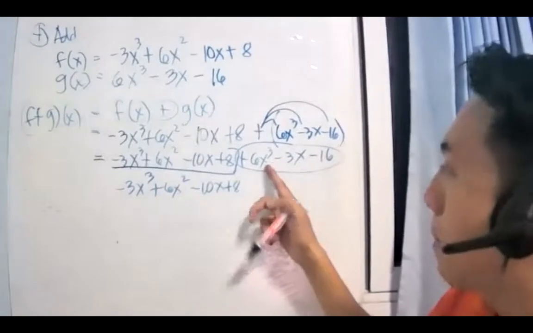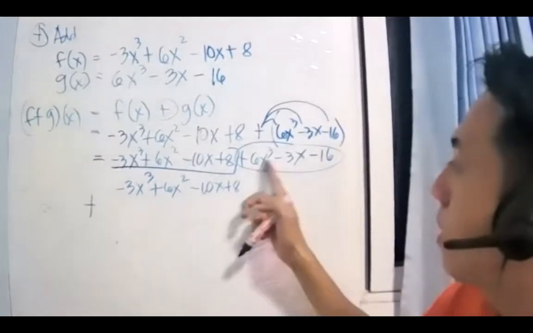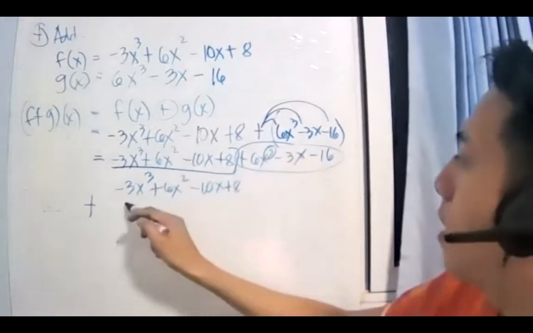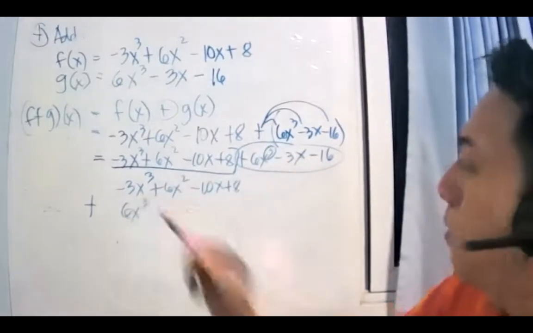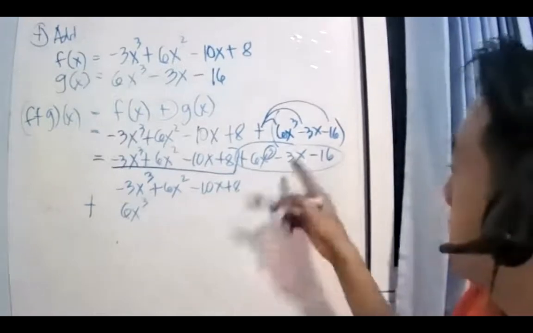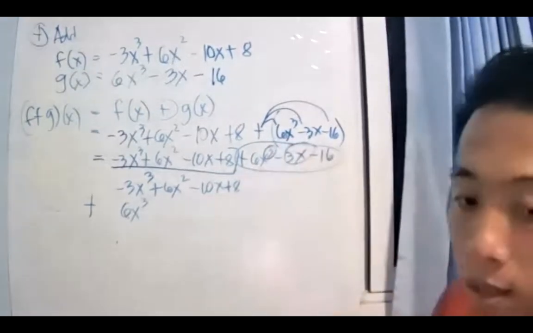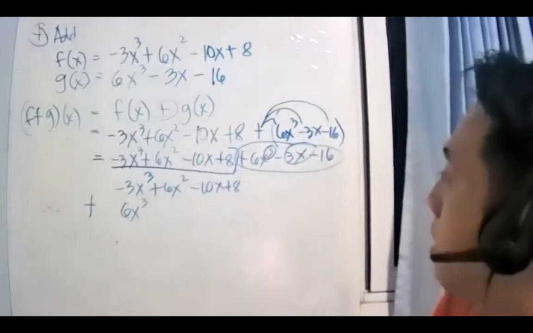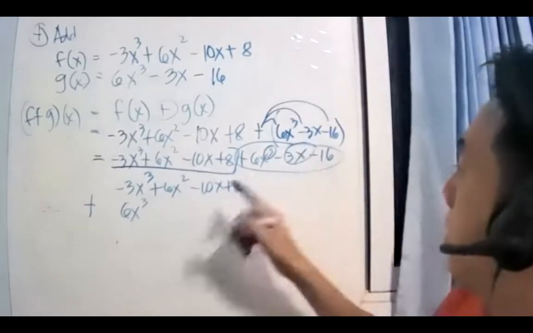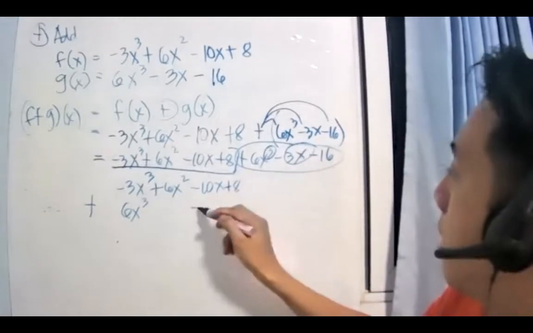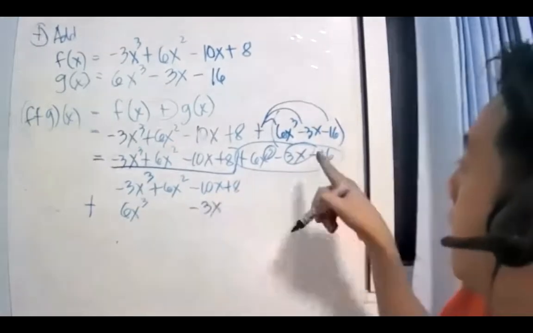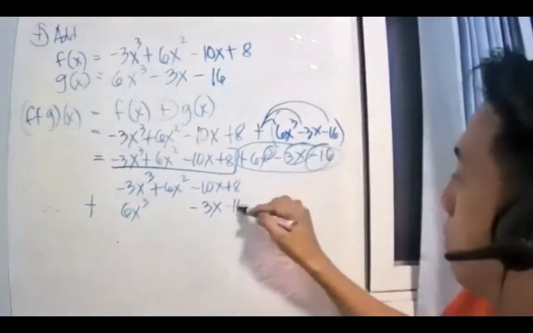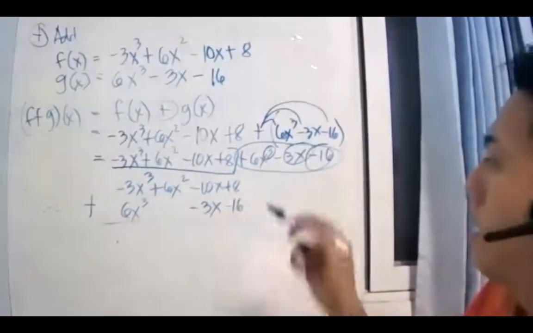Saan natin siya itatapat? Of course, yung meron din tayong cube. So I will put it here. 6x cubed. Okay? 3x. X lang. Wala siyang squared or wala siyang cube. So saan ko siya tatapat? 3x. So I will put it here. So negative 3x. And then, we have the number only. That is negative 16, of course, tapat ni 8.